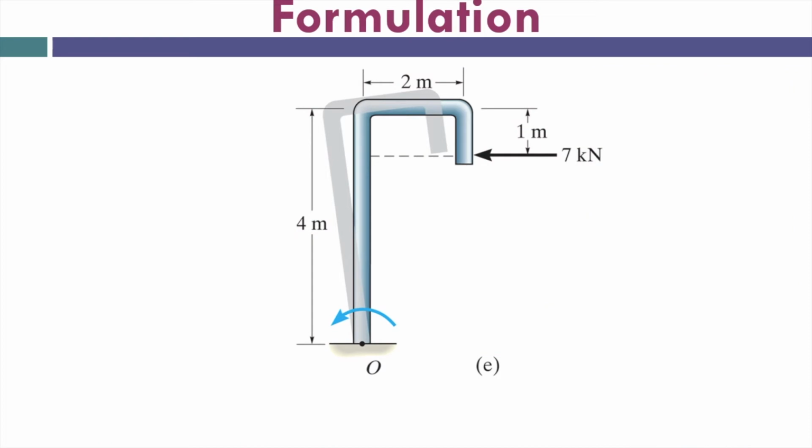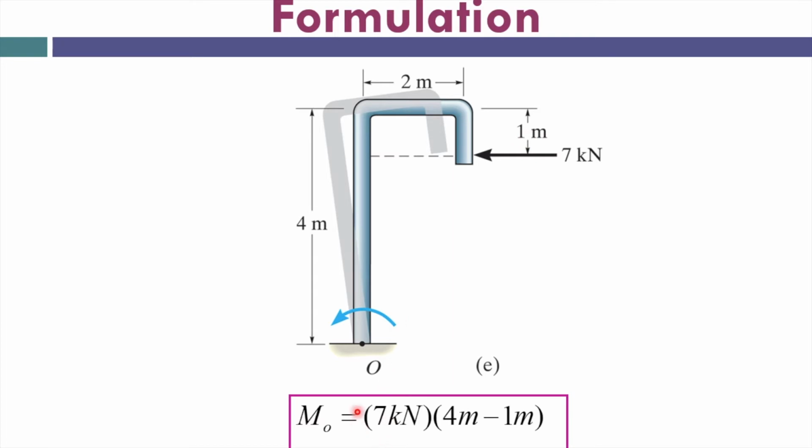This case is a bit different. The length is 4 meter, but the force is being applied after 1 meter. Okay, the 7 kilonewton is being applied here. So how are we going to calculate? We subtract this 1 meter from 4 meter, and then do the calculation.